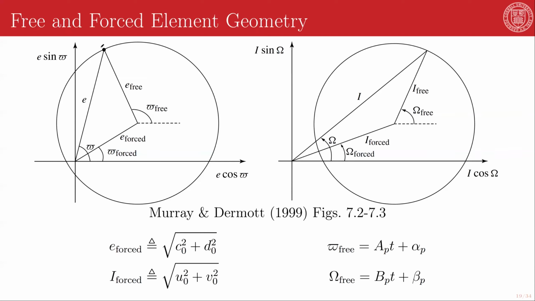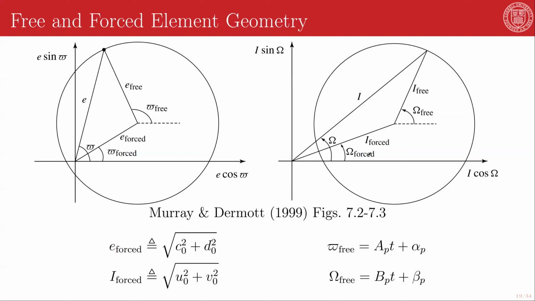The true osculating eccentricity will be at an angle var pi from this C component, and this var pi free angle, measured from also the line parallel to the C line, gives the orientation of the E free component, from which you can reconstruct the E forced component. The center of this is that C naught and D naught point, and our actual eccentricity is orbiting that C naught, D naught point at a constant rate given by AP.